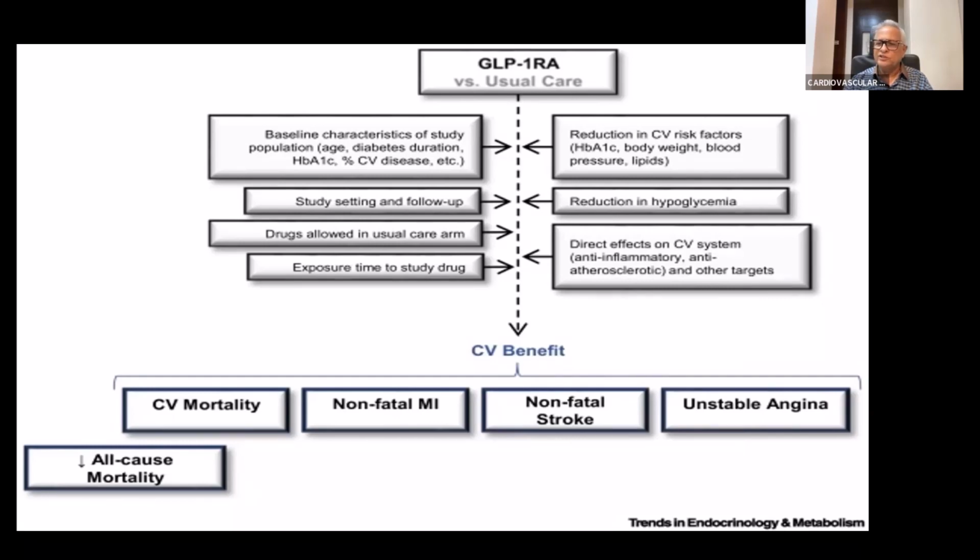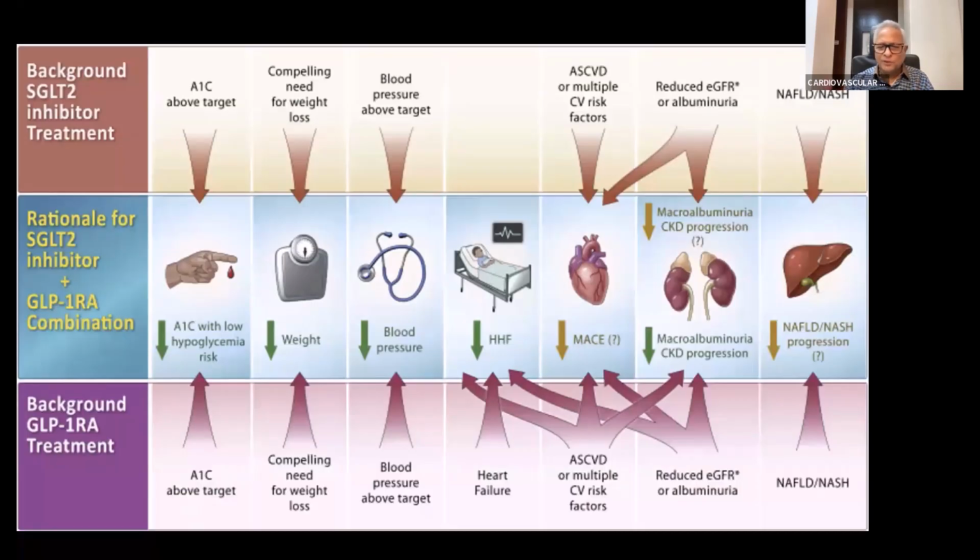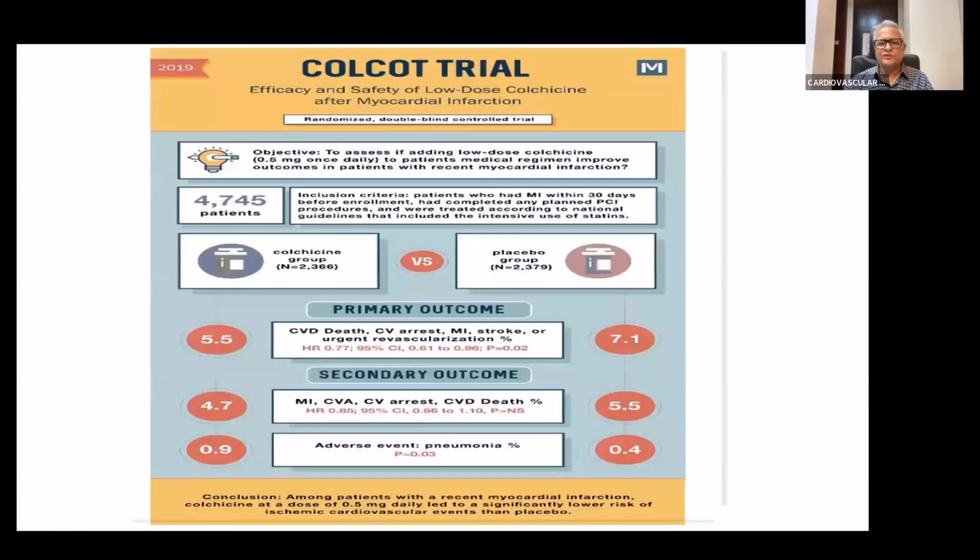So if you have a CHD and diabetic patient, CAD and diabetic patient, the best is to use these two drugs, SGLT2 and GLP-1RA drugs. And in combination also, there are several positive effects, and they can be useful in secondary prevention.